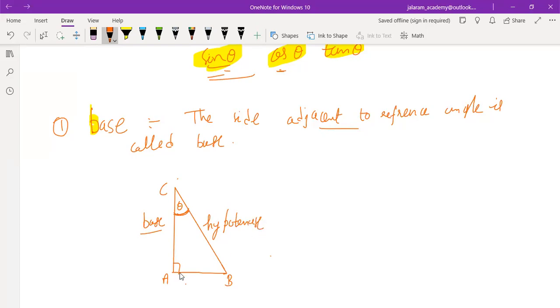The side opposite to right angle is called hypotenuse. The side adjacent to reference angle is called base.